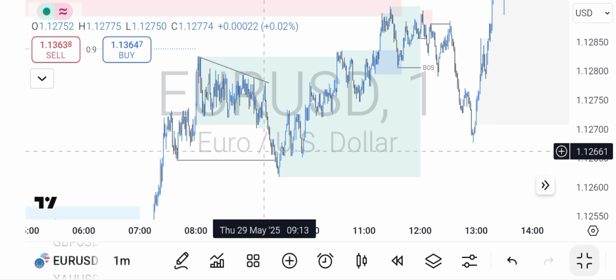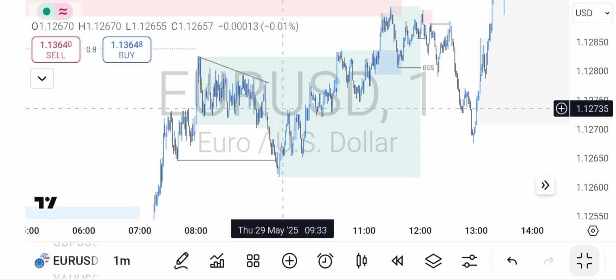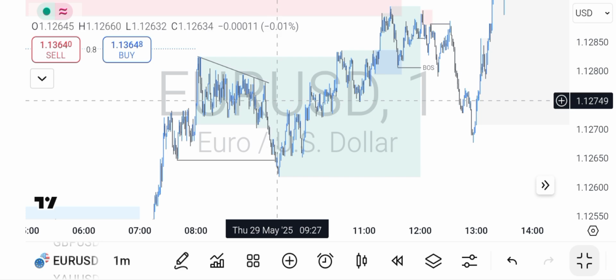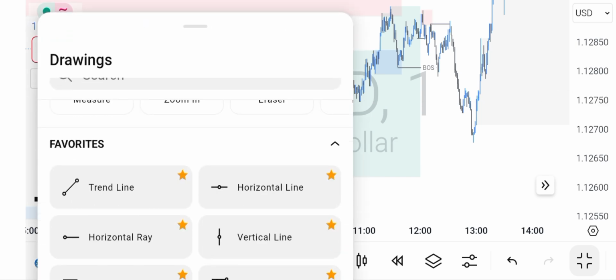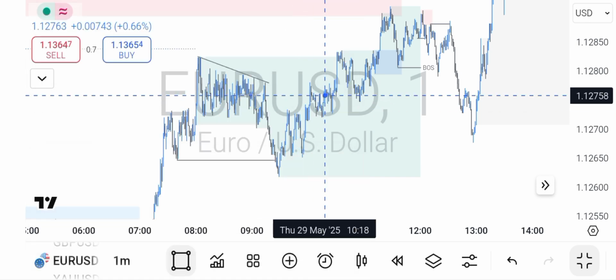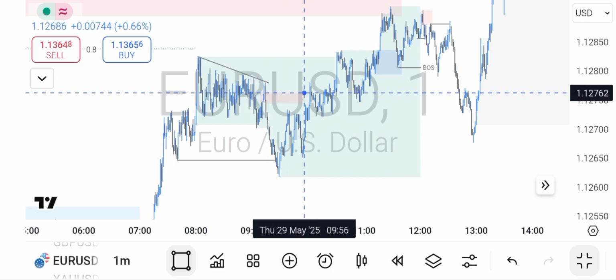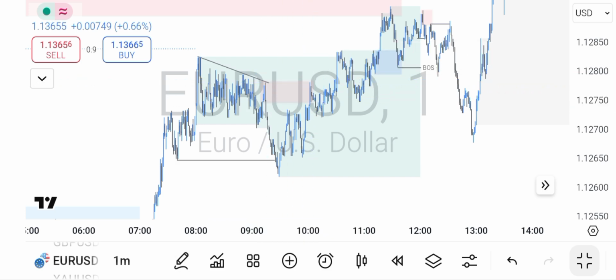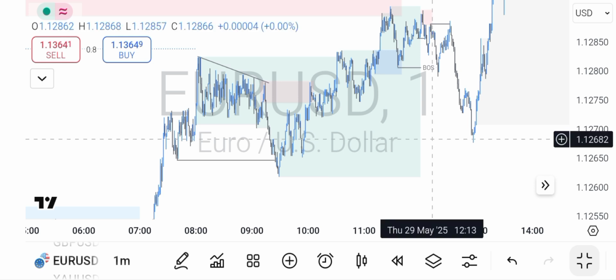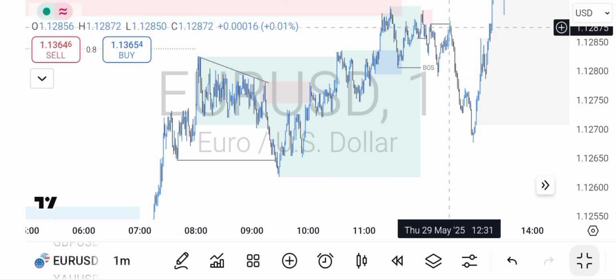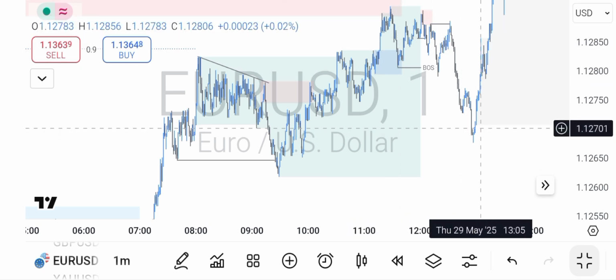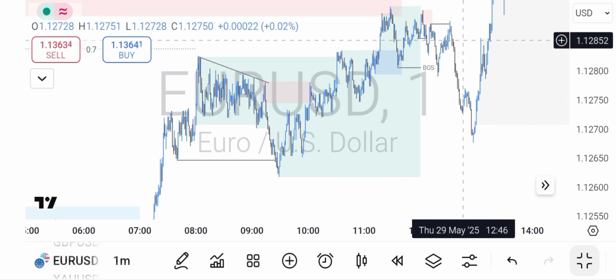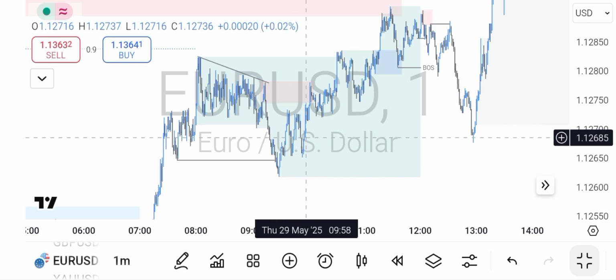Because price in this area induced these sellers into thinking that we are now going bearish, so you should be entering for sales. That was what people were not paying attention to. The only thing people were paying attention to was that in this zone price is now becoming bearish, so we should be looking for sales. But people were ignoring this place.